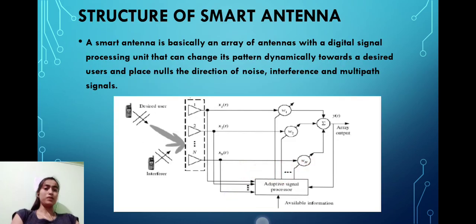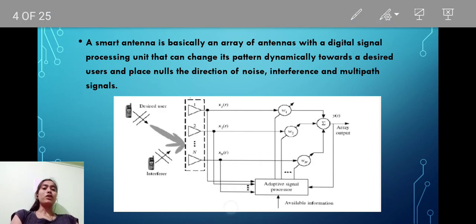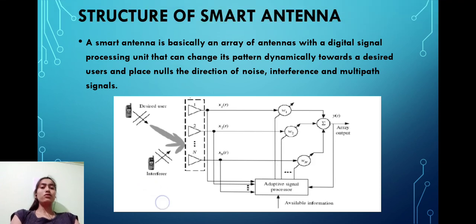This is the DSP, and it will determine the direction of arrival. It will determine from which direction the signal is actually coming, and it will steer the radiation pattern in that direction and will place the nulls in the interfering direction. It will adjust the weights of the phase shifting networks accordingly so as to steer the beam in the desired direction and place nulls in the direction of the interferer.